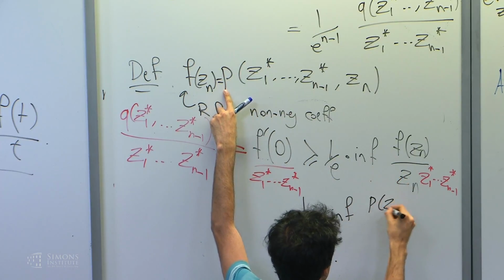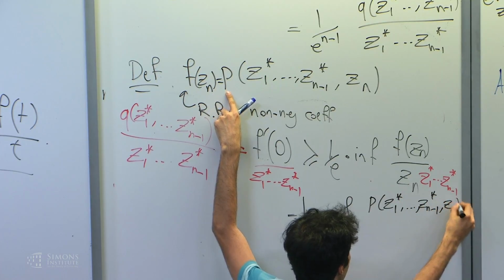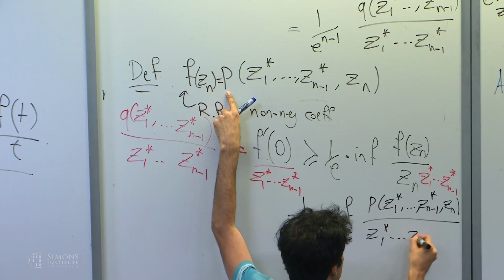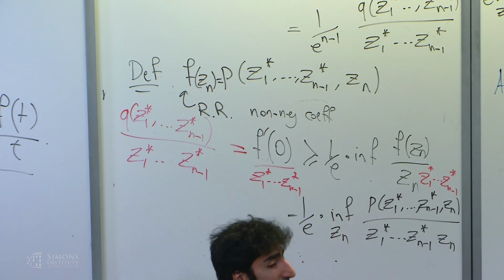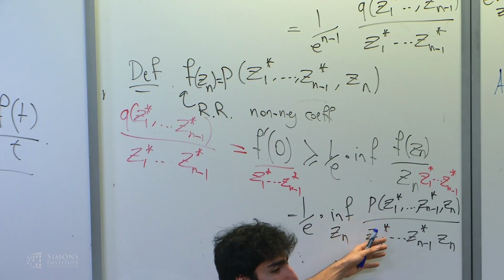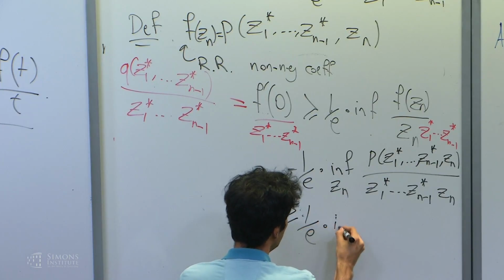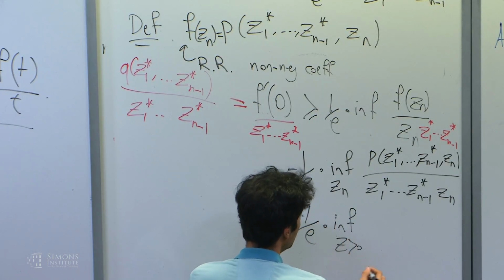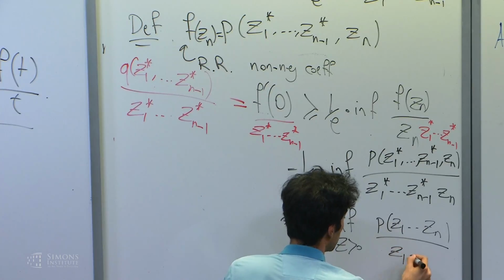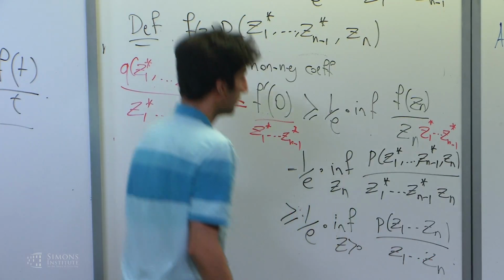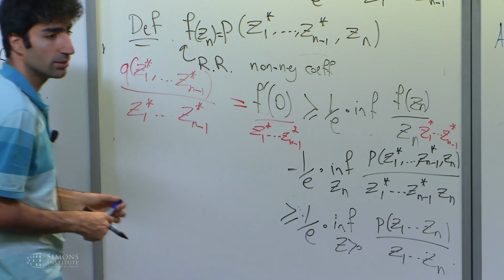This is really P of Z1 star up to Z(n-1) star, comma Zn, over Z1 star up to Z(n-1) star, comma Zn. And the infimum is only over Zn. But now I can take the infimum to be over all z's, and that can only make it smaller. So this is bigger than or equal to 1 over e times the infimum over all non-negative Z1 up to Zn of P of Z1 up to Zn over Z1 up to Zn. That's it. So I get 1 over e from here, 1 over e to the n minus 1 from there. That's all I get.